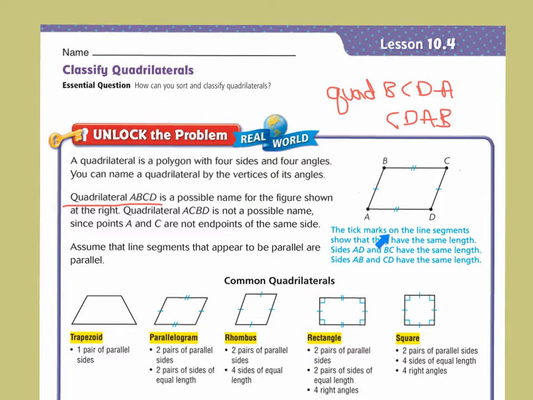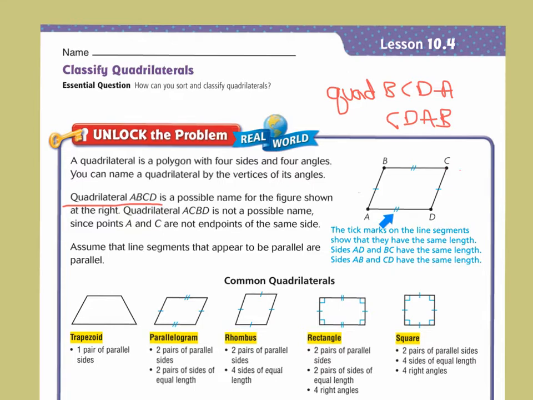I just want to bring you back over here as well. It says the tick marks, which are these little blue marks on the line segments, show that they have the same length, so opposite sides are the same length. If you had one tick mark all the way around, that would mean all four sides are the same length, kind of like the rhombus here.